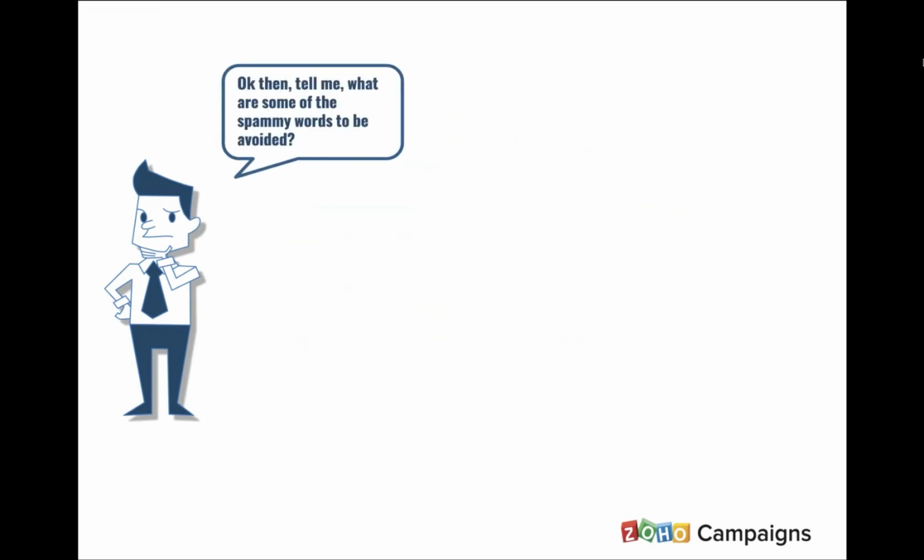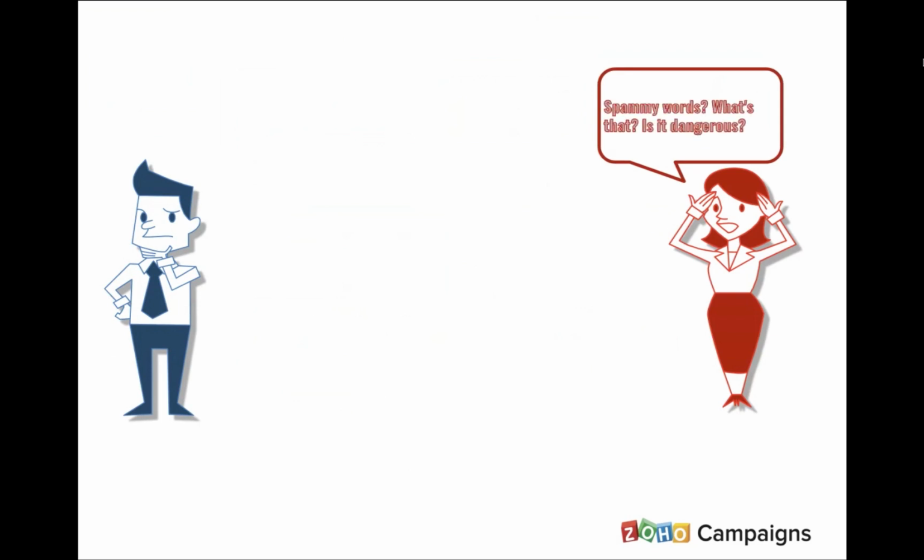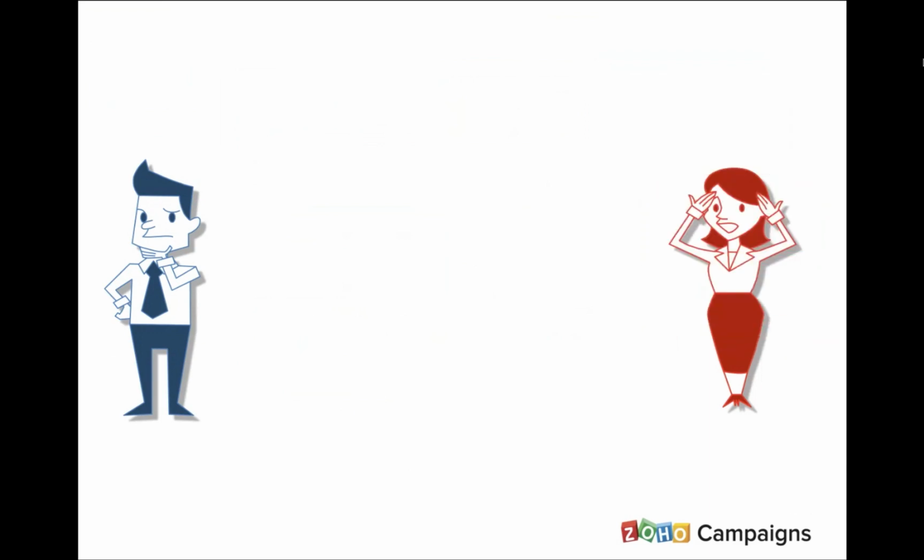John asks if any spammy words or spammy elements were used or whether they were avoided. To which Jane replies that she is not aware of spammy words, and she asks what they are. And since it contains the word spam, she thinks it is dangerous. Now let's see what John has to say.